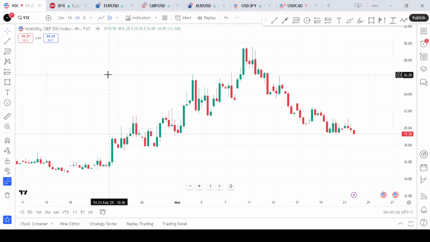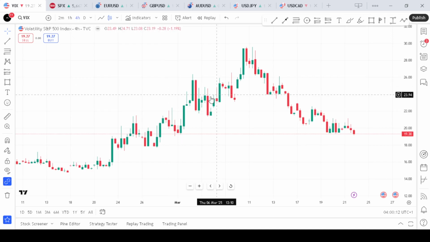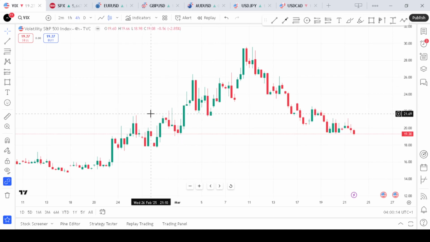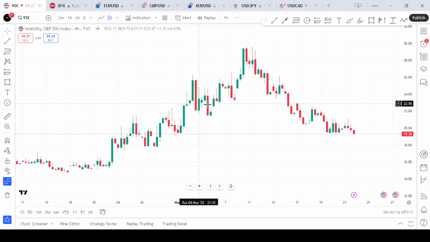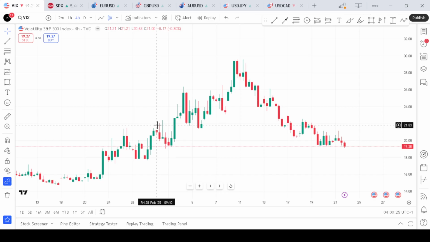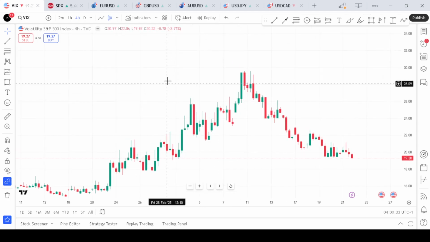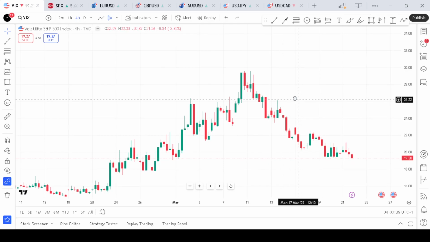The fifth step is to monitor the VIX term structure. The term structure of the VIX futures, comparing short-term and long-term contracts, can provide additional insight. Backwardization, which is when short-term futures are higher than the long-term, often occurs during market stress and may signal a potential bottom.